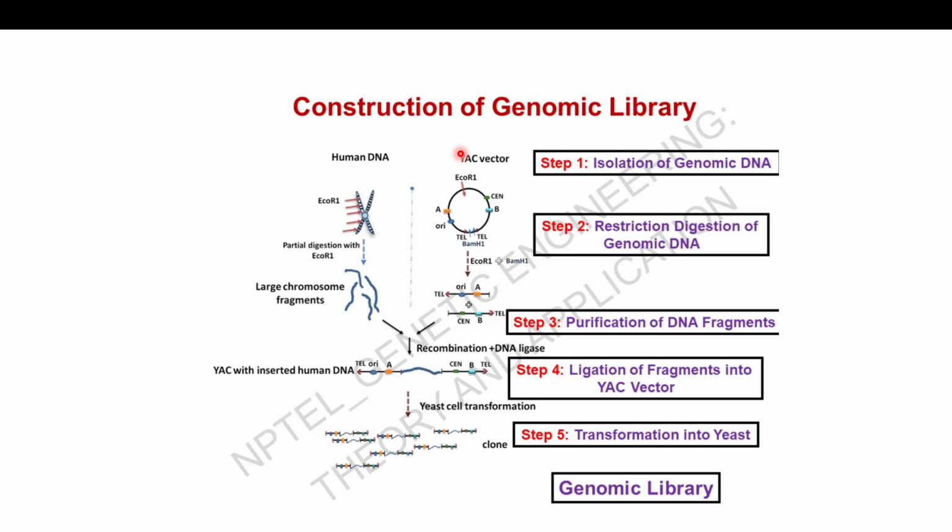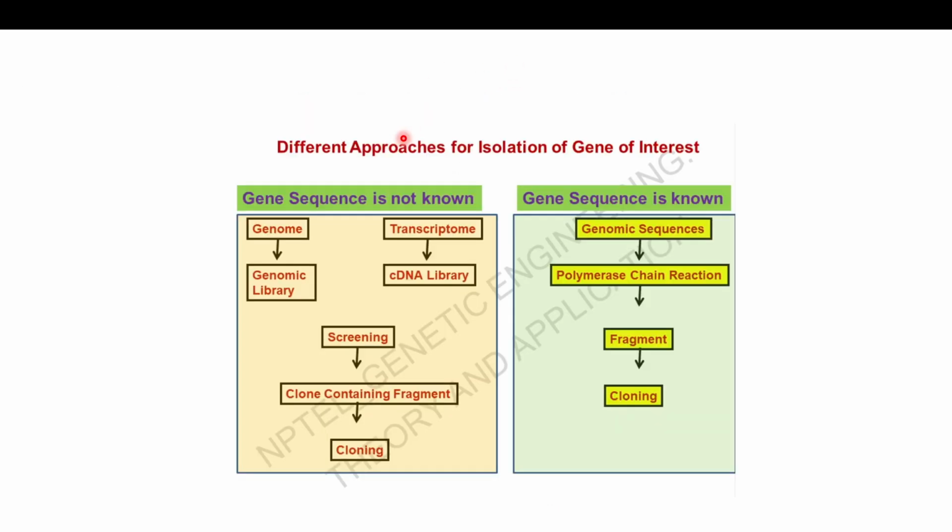Now, when the genetic sequence is not known, at the DNA level we can create a genomic library and then target our gene of interest, or we can look at the transcriptome.